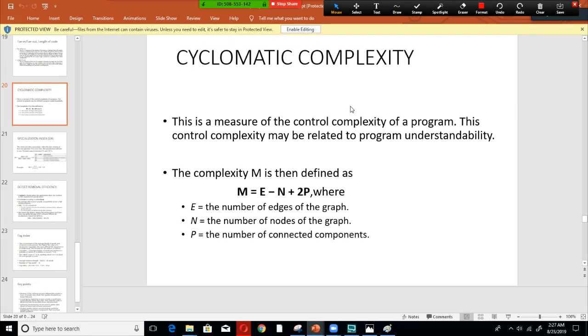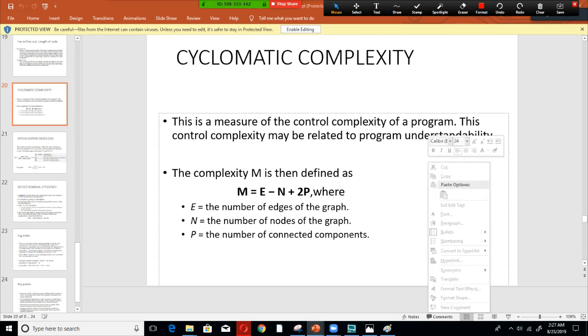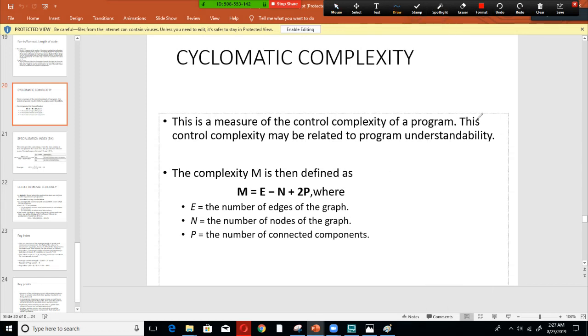Okay, now let us look at cyclomatic complexity. So this is the formula. So let's say we have a graph. Wait, I need to enable drawing. So let's say we have a graph and we have a bunch of nodes over here.